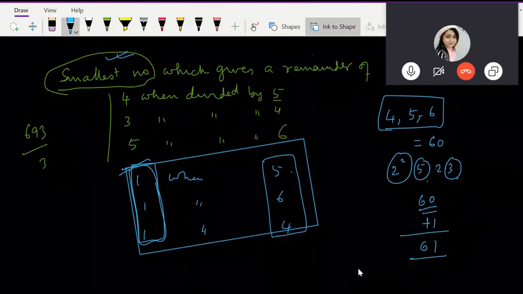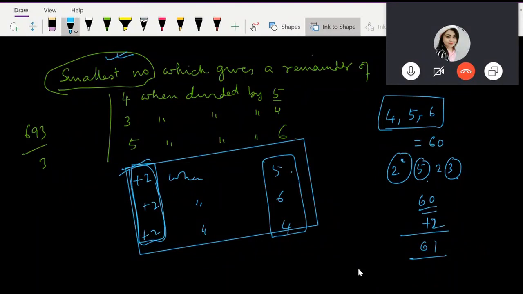Clear? So if these remainders are the same, then this number will be added. So this is the hint.